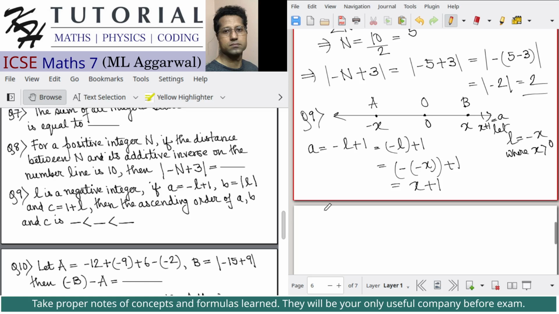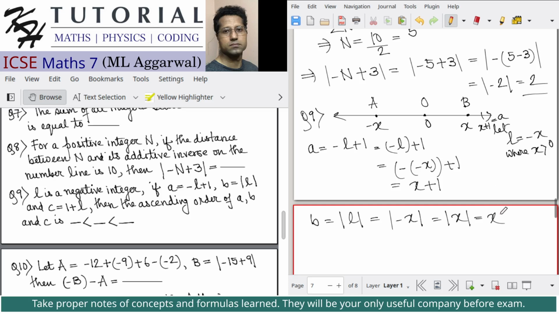Okay, now what is b? B is equal to absolute value of L. This is equal to absolute value of minus x, as we have assumed L to be equal to minus x. Now, what is absolute value of minus x? This is equal to absolute value of x, which is equal to x, because x is a positive integer, and for a positive integer x, its absolute value is equal to x.